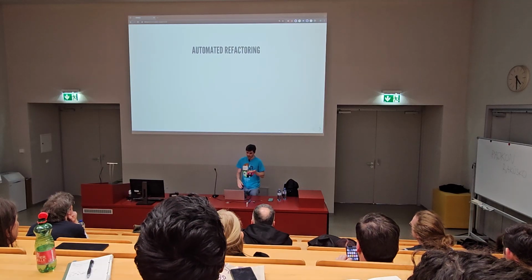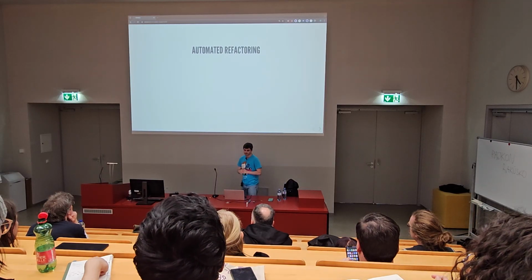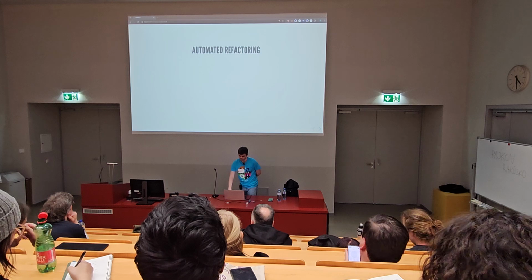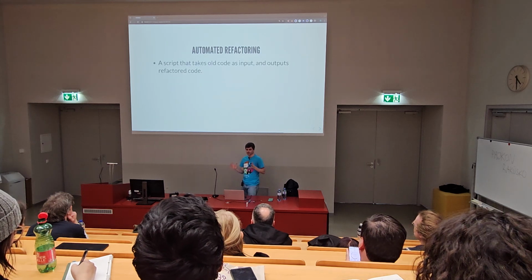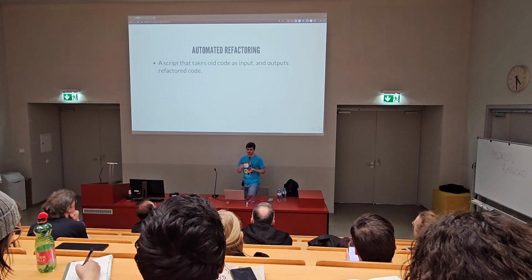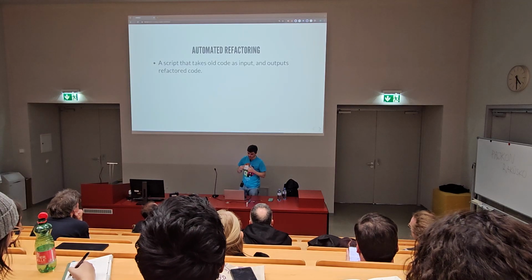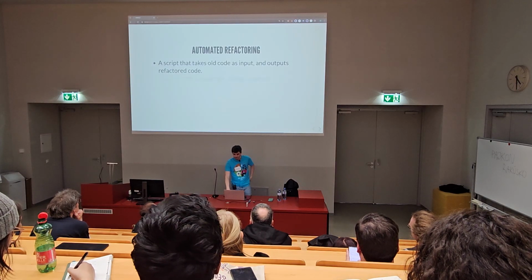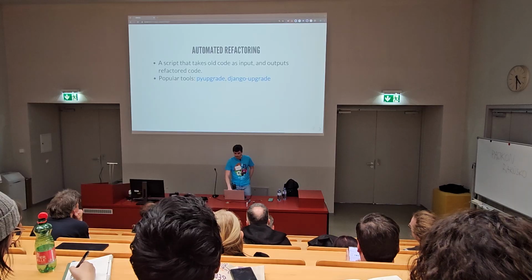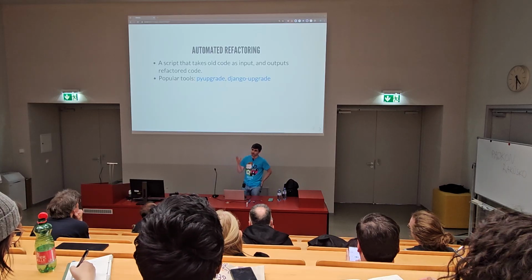In particular, it can be used for automated refactoring. You can think of automated refactoring as a script that takes old code as input and outputs refactored code. Sometimes it's called a codemod or code modifier. Some popular tools are PyUpgrade and Django Upgrade.